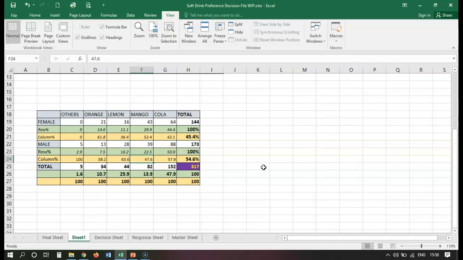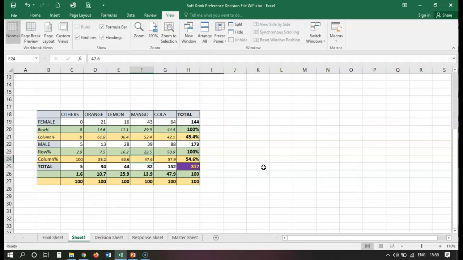But at the same time, you must not underestimate that cola is the favorite among all lovers of carbonated drinks. So you must understand that cola is number one, but even within cola, males are more prominent. But orange is not a favorite. Only 10.7% of people say that they love orange drink.